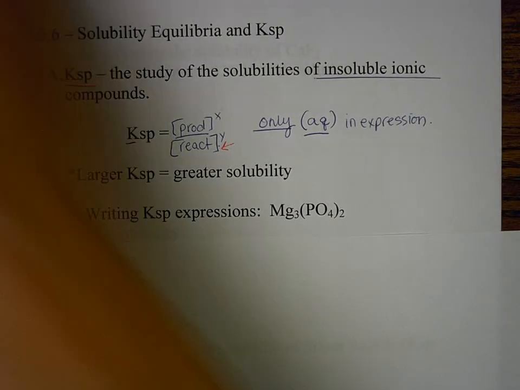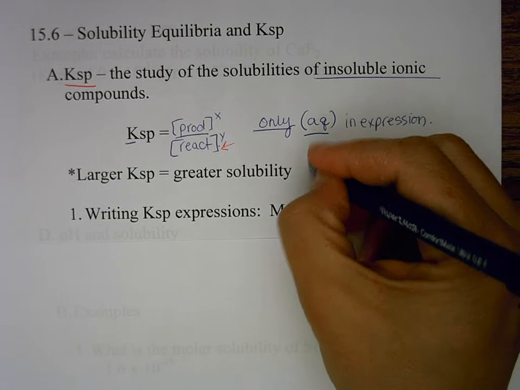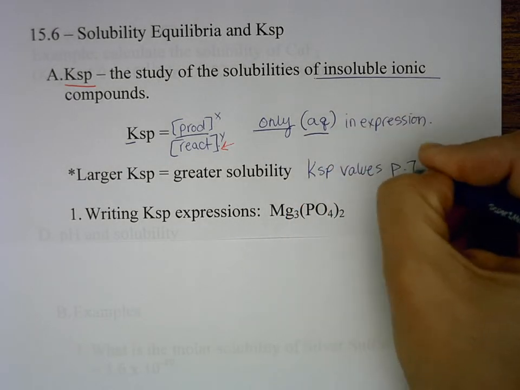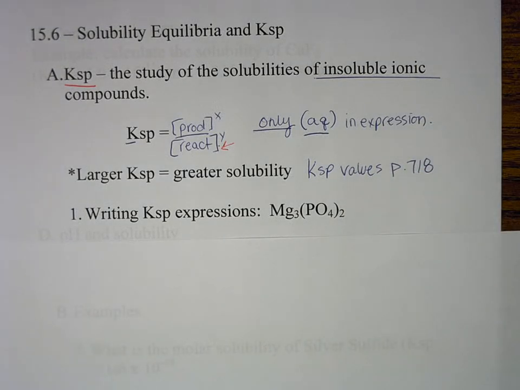Now the larger the KSP value, the greater the solubility is. There's a whole chart on page 718 that shows you all of these KSP values. And again, the K value here is like a ratio of how many products you get compared to how many reactants you started with.